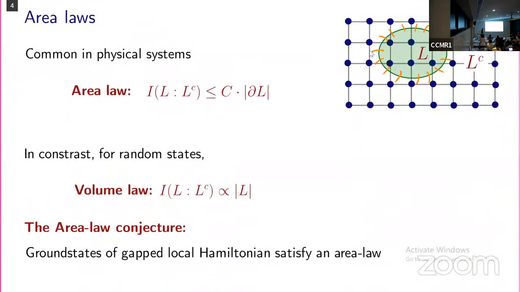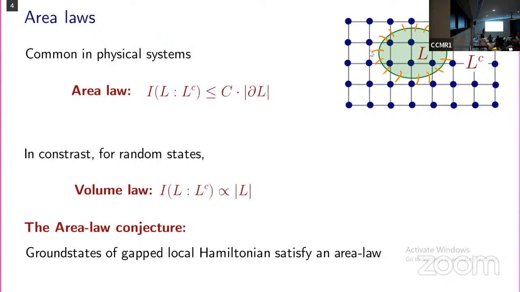The idea is that in physics, when we talk about physical Hamiltonians, the ground state is a ground state of a Hamiltonian with short-range interactions. Many times these interactions create only short-range correlations.